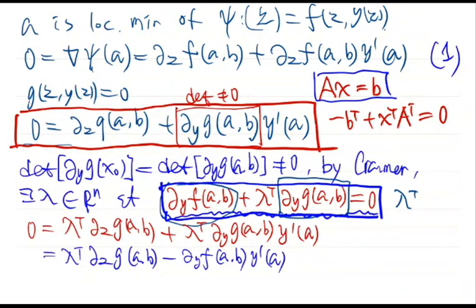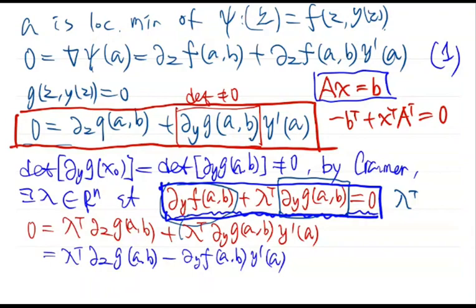This part can be replaced by the minus partial derivative of f with respect to y, using the equation we solved for lambda transpose.